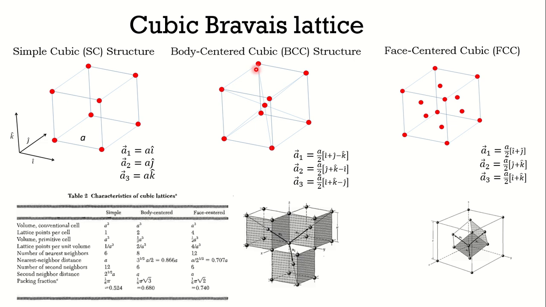So in a body centered cubic structure, the primitive lattice vectors represent the body centered points. Similarly, for a face centered structure, I have one lattice point at each of these faces, and these are the primitive lattice vectors. These primitive lattice vectors actually represent all the face centered points.